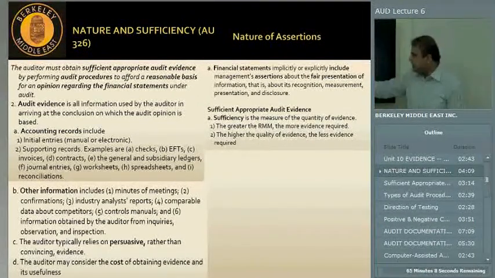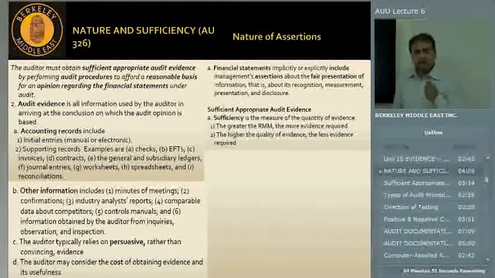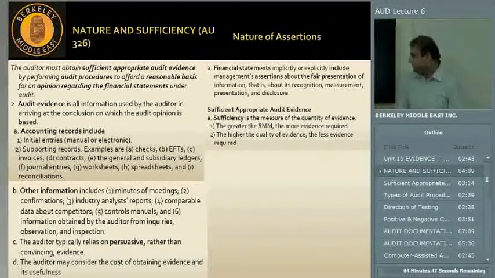So what is audit evidence? Audit evidence is all information used by the auditor in arriving at the conclusion on which the audit opinion is based. Surely it is documented evidence which can be shown, which can be proved, which has authenticity in nature. And what are the accounting records?